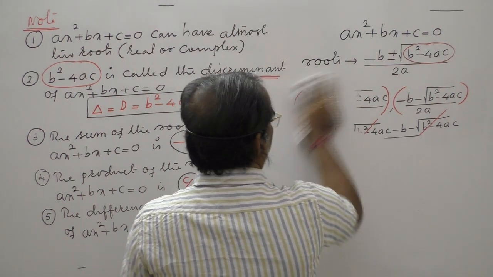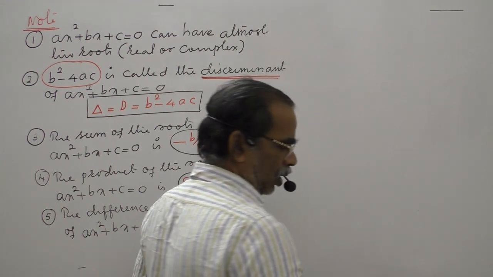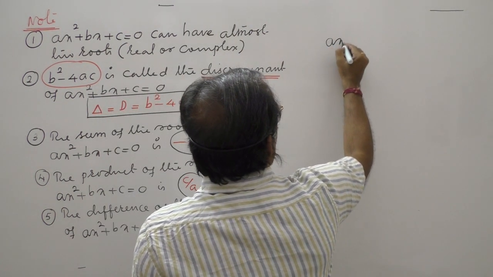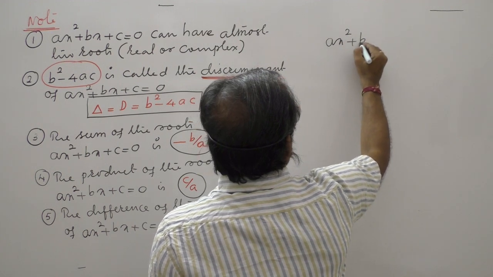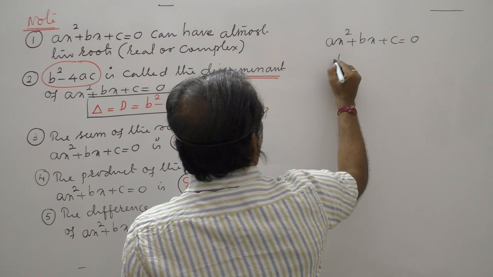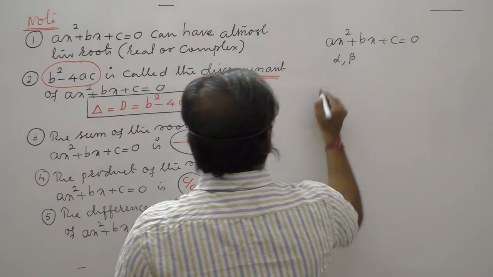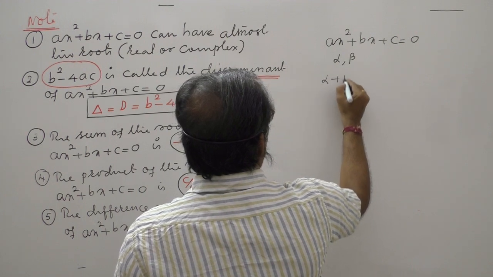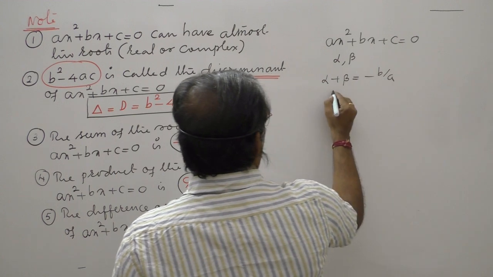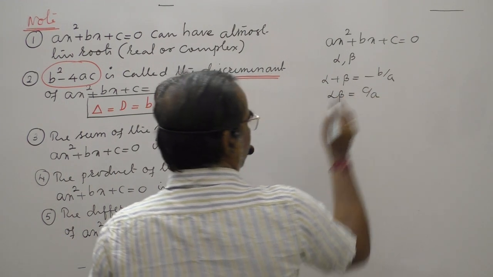Very simple. This one is very much useful in objective. See now. For this quadratic equation ax square plus bx plus c is equal to 0, suppose alpha, beta are the roots. So we know the sum of the roots is minus b by a. And also we have seen the product of the roots is c by a.